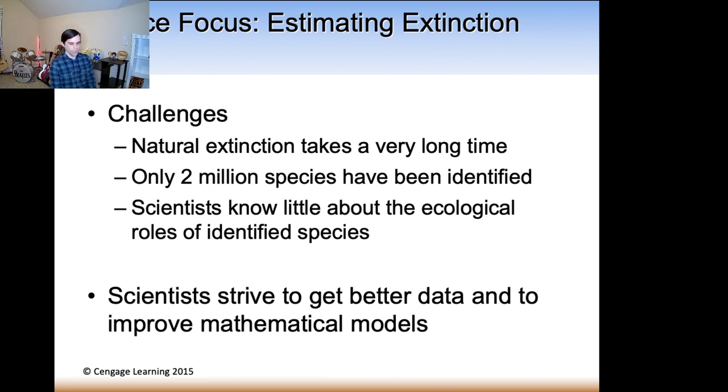And we also don't really know what the organisms in these environments do for one another and what roles they play. So if one organism goes extinct and everybody's kind of like, who cares? That might be the one organism that ties everything together. That might be the wolf of that particular ecosystem. If the wolf goes away, that entire ecosystem might collapse and the whole thing might fall apart.